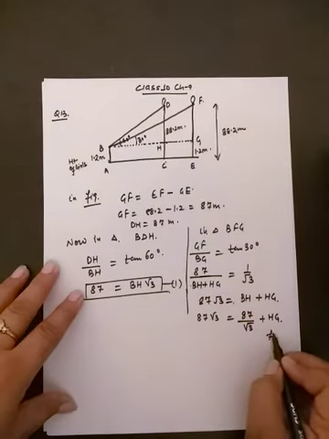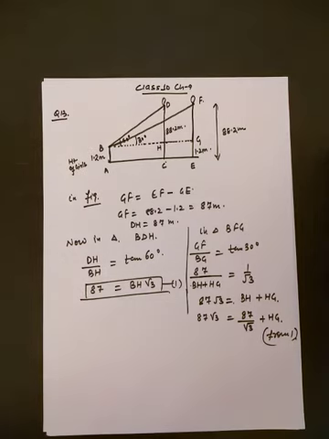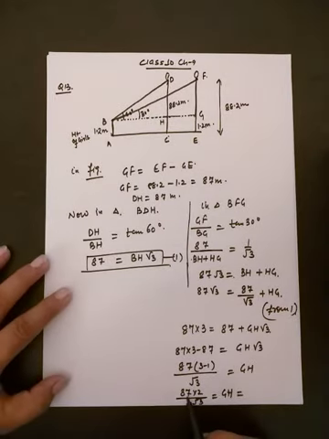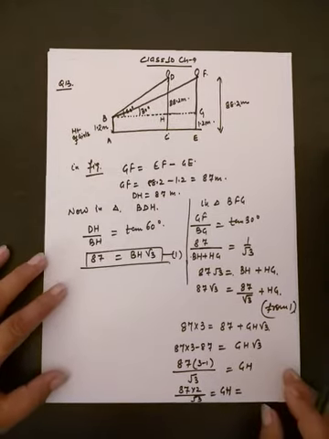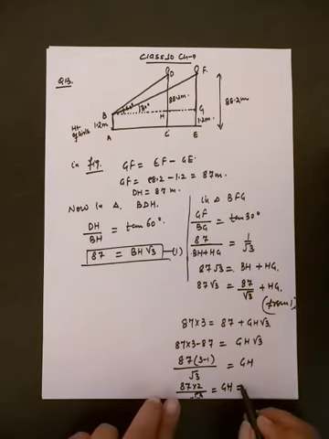So we can solve it to find the value of GH. So we get this value as 87 into 2 by root 3. We can rationalize it to find the value of GH.